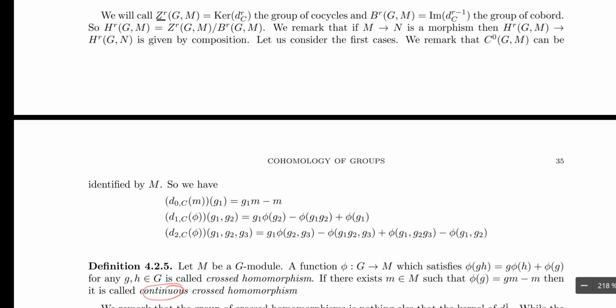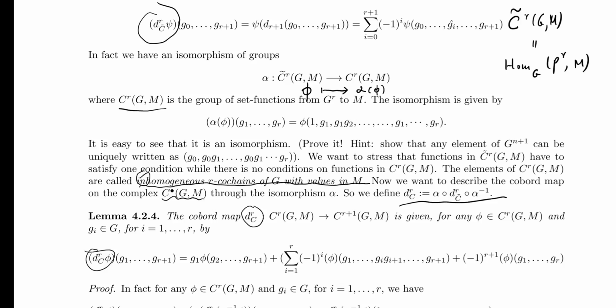Using this, we're able to reconstruct our topic group, cohomology group. Here you see it's very obvious because there is a 1-1 correspondence between G1 to G^R.